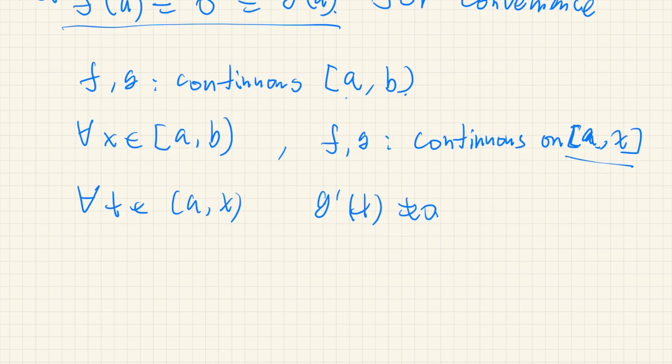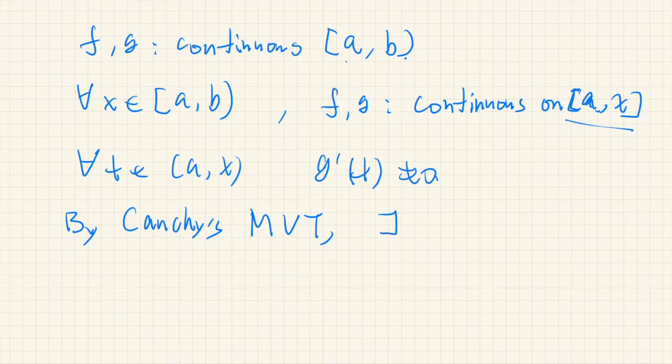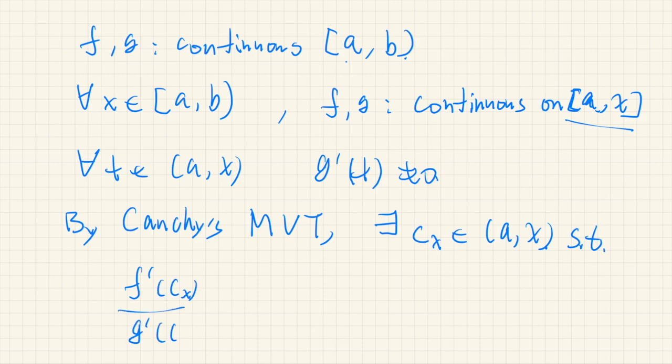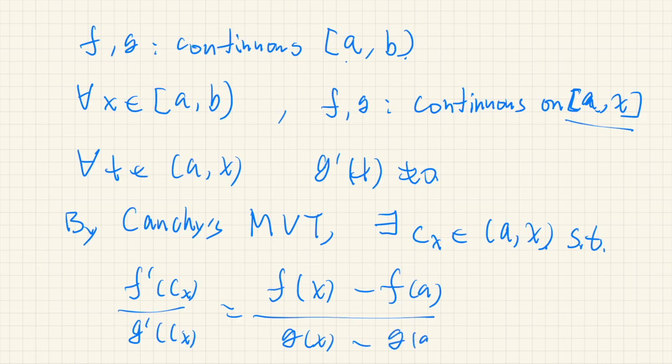So by Cauchy's mean value theorem, there exists some c, that depends on x by the way, between a and x, such that f prime of c(x) over g prime of c(x) is equal to f of x minus f of a over g of x minus g of a.